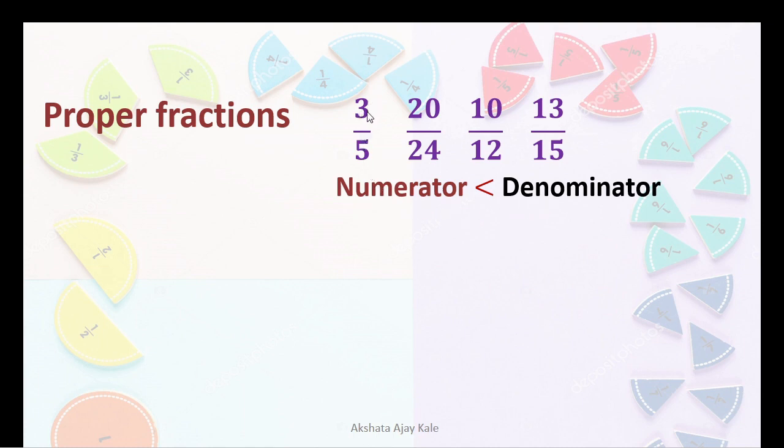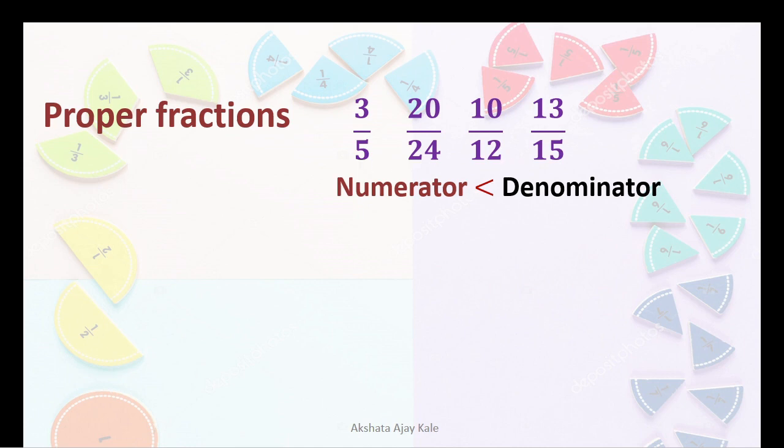See here, numerator is 3 and denominator is 5. Means numerator is smaller than denominator. Here 20 and 24, 10 and 12, 13 and 15. In all the 4 cases, numerator is smaller than denominator.